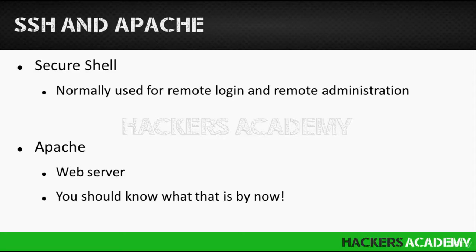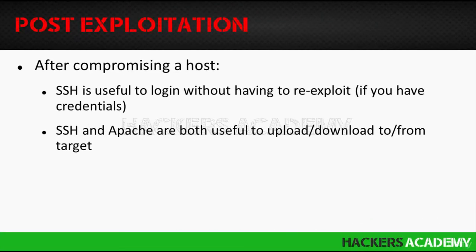Now that we know what these services mean and what they are used for, here's your post-exploitation tip for this section. After you compromise a host, there will almost always be a need to upload or download files to and from the compromised host. Remember when in earlier sections we talked about Nessus and Nmap? Maybe you compromise a host that doesn't have these programs, and you want to use the compromised host to scan other networks it might be attached to.